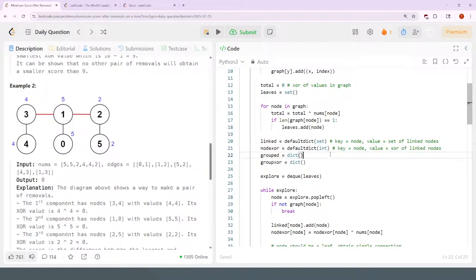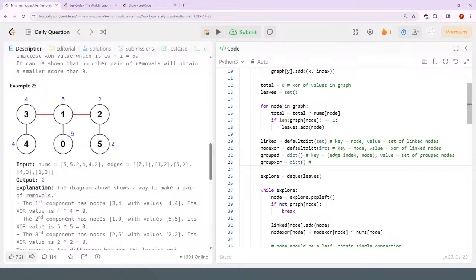And then grouped will be another dictionary. Here the key is a tuple of the edge index and the node, and the value grouped will be the set of grouped nodes.